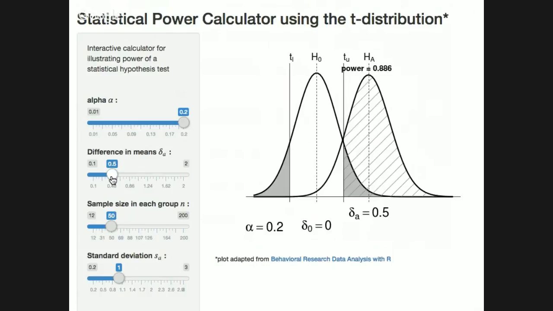Okay, so now what about this difference in means? So this is really hypothesized. We don't know what the true difference in means is, but we have to assume some true alternative hypothesis in order to do a power analysis. People will often do this based on what difference would be clinically significant or biologically significant.